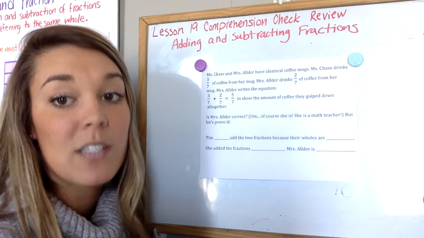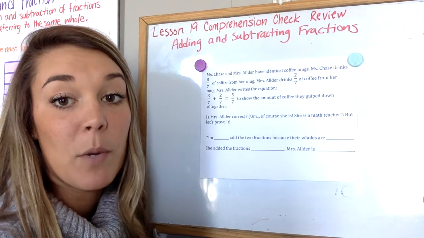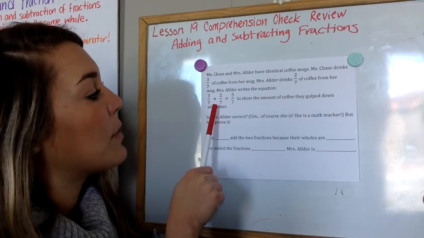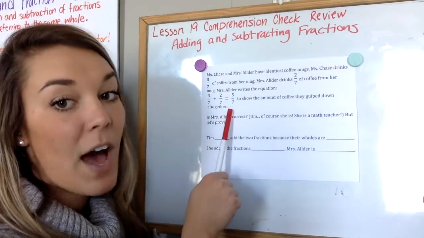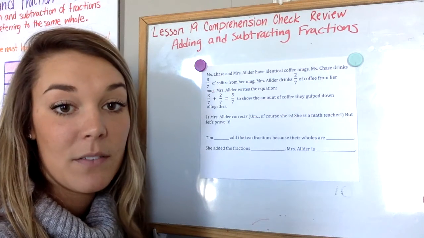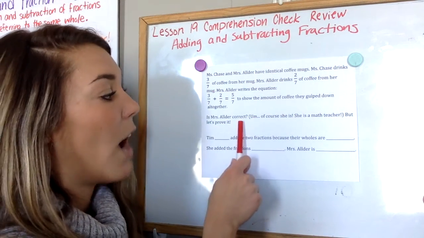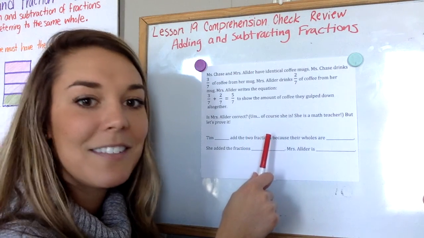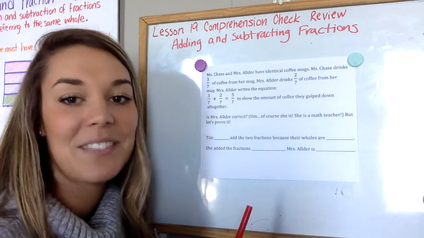Mrs. Alder drinks 2/7 of coffee from her mug. Mrs. Alder writes the equation 3/7 plus 2/7 equals 5/7 to show the amount of coffee they gulp down altogether. Is Mrs. Alder correct? Of course she is. She's a math teacher. But let's try and prove it, okay?